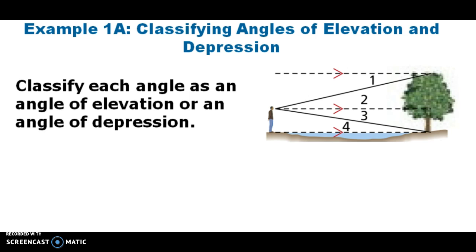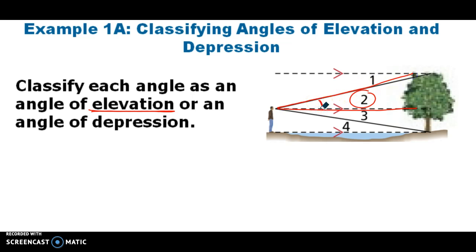Okay, so here we have a picture, and there's 4 angles. They're either angles of elevation or they're angles of depression. So I'm going to call elevation red. You can label them however you want, but which of these would be considered an elevation angle? Ryan, what's one of them? Not 1. 2 would be because the horizontal line is below it and it's opening up, right?